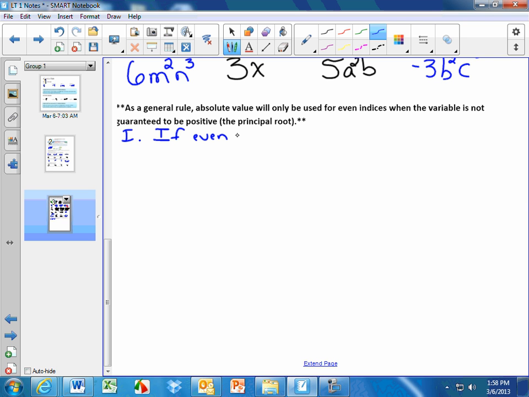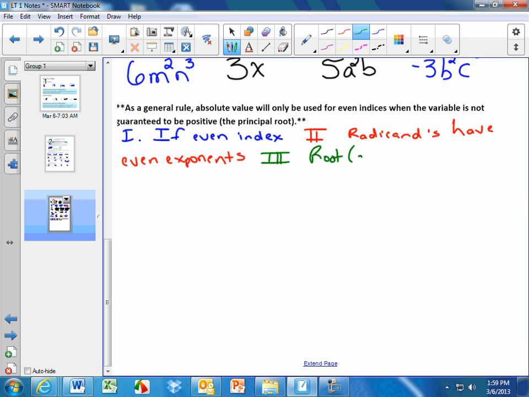If even, and part 2, radicands. If all three criteria are met, you have an even root, you have an even exponent under that radical, and when you simplify it, the exponent is odd, then you need absolute values on that variable.